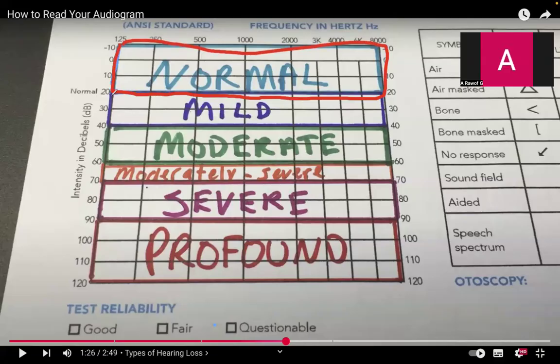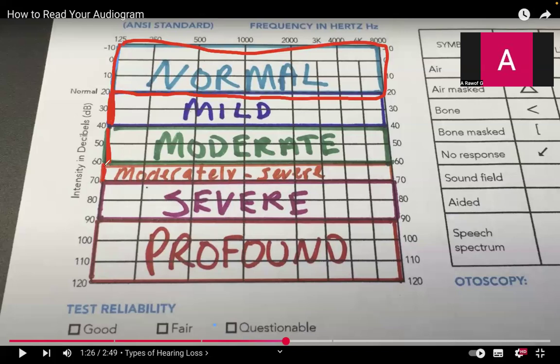This is normal, but mild hearing loss is between 20 to 40 decibels. If the child can hear between 20 to 40 decibels, this is mild hearing loss. 40 to 60 decibels is moderate hearing loss.